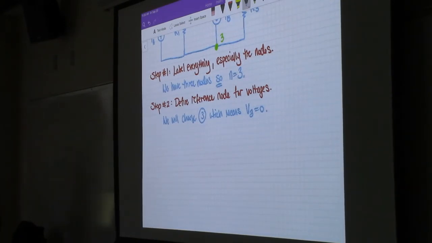Which means that for our purposes, any place that we see a V3, we can consider that equal to 0. Because the reference, again, is the point at which it's our referential voltage point. Okay.